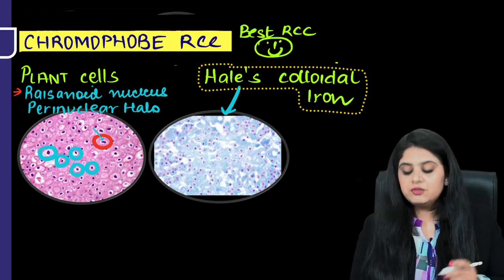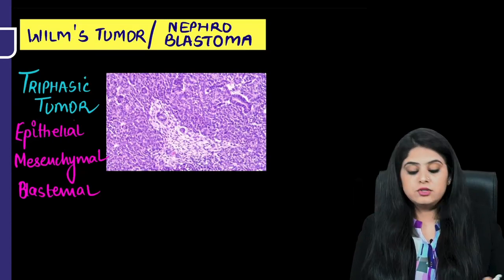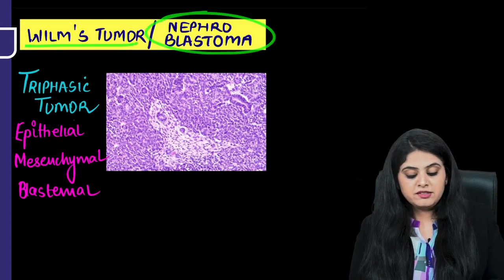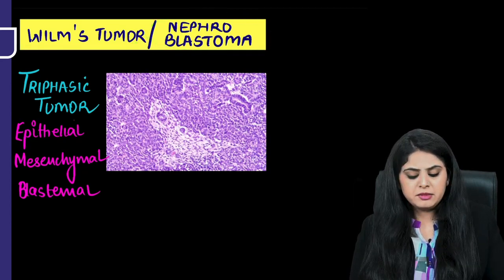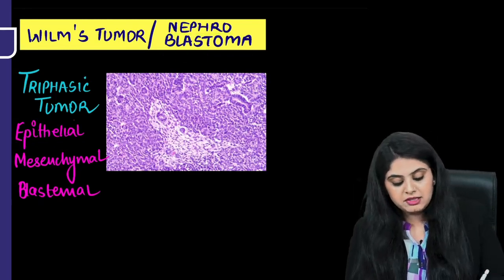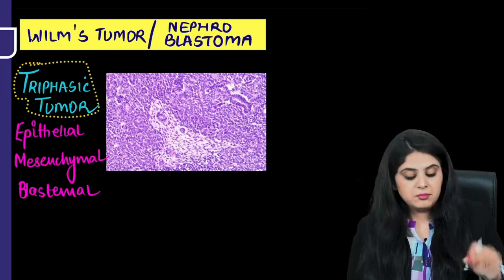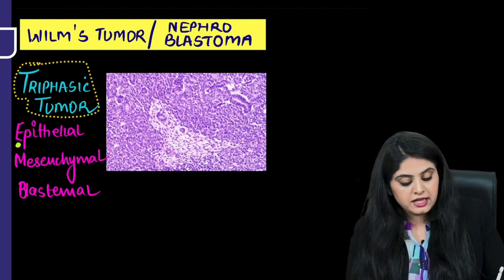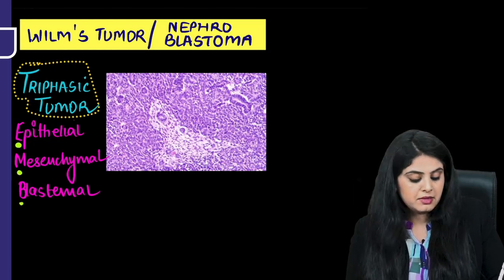The last renal tumor that we have is the childhood tumor, Wilms tumor, known as nephroblastoma. The word nephro tells me it's a kidney tumor, and the word blastoma tells me that it's going to have something blastema in it. So please remember, this is a triphasic tumor. It has three things. What are the three things? Epithelial, mesenchymal, blastemal.